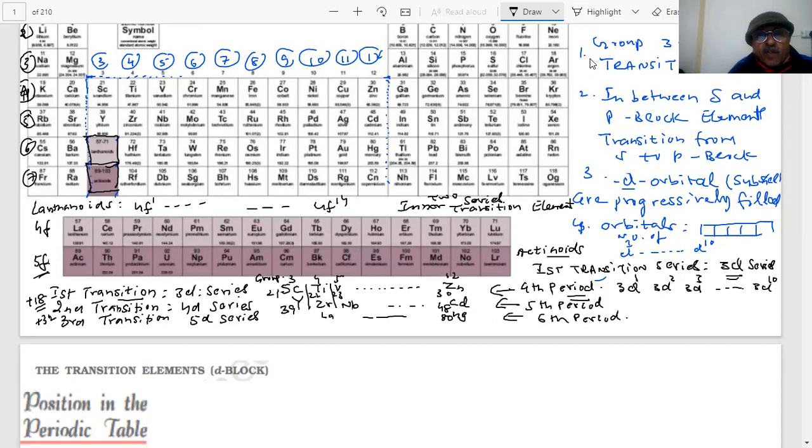If you add 32 to this, then you know the atomic number of this lanthanum. What we are seeing is 57, this is the lanthanum.